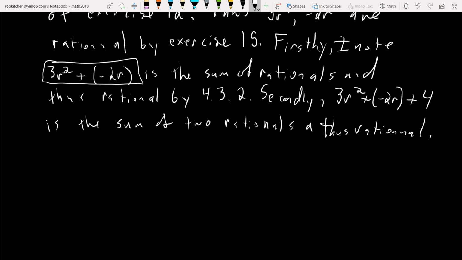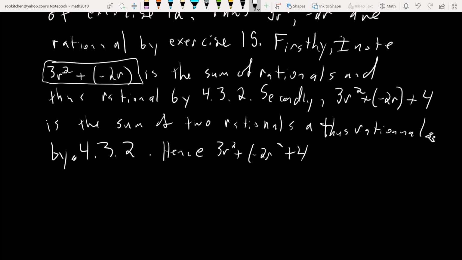And of course I have to say which theorem. That's again by theorem 4.3.2. Then that's it, I got it. Hence 3r squared plus negative 2r plus 4, which equals 3r squared minus 2r plus 4 by some axiom in the back of the book, is rational.